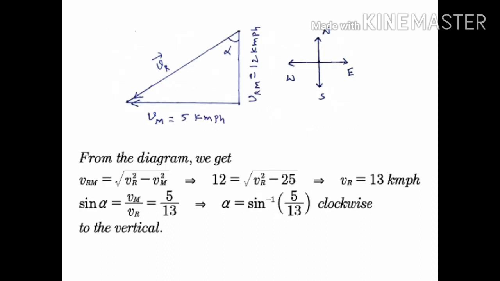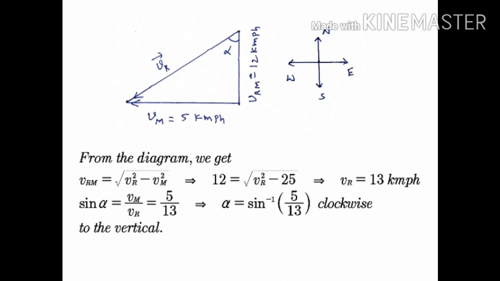In this case, the velocity of man and the velocity of rain are drawn such that their final points are coincided, and the relative velocity of rain with respect to man is vertically downwards. So that is shown as VRM, vertically downwards.